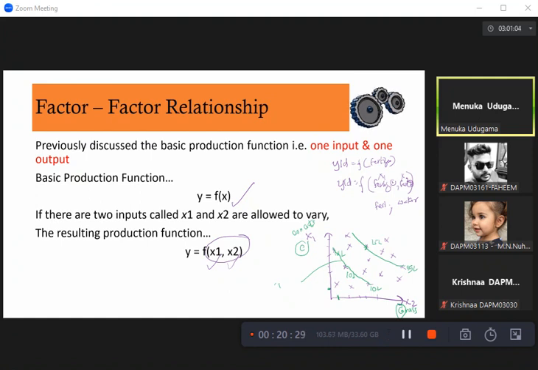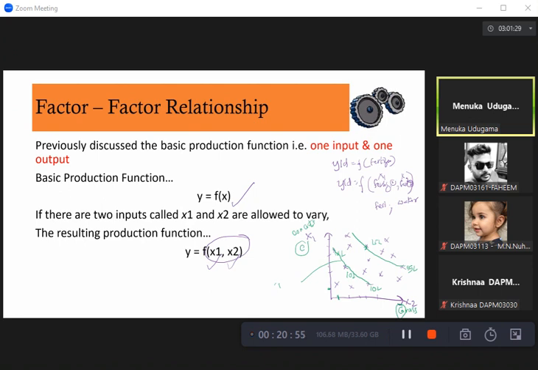But here we're looking at the use of two inputs that would give us the same level of quantity or output. So it's called an isoquant, or same quantity or same output curve. What you see here is an isoquant that gives you the same level of output using different levels of inputs.